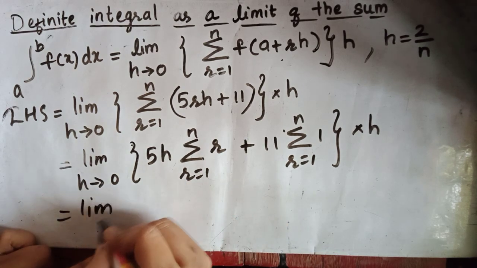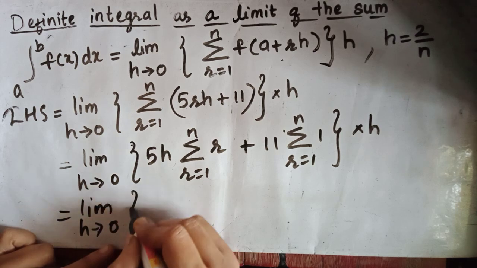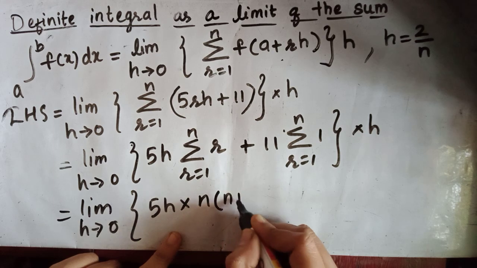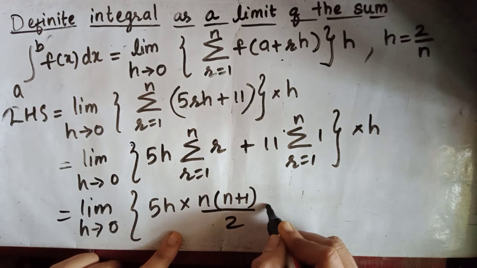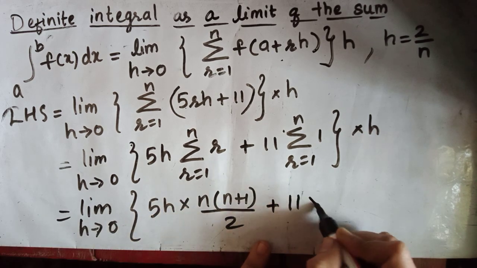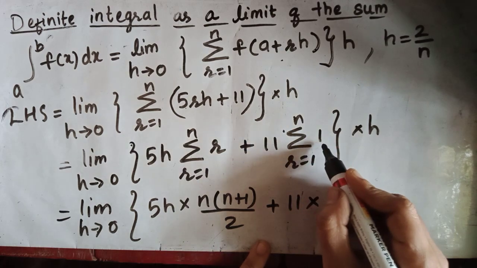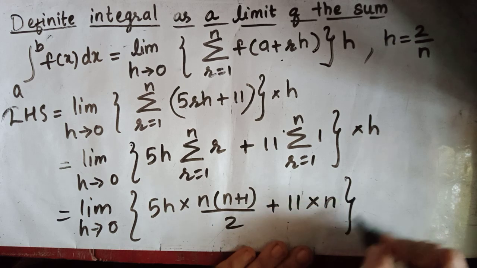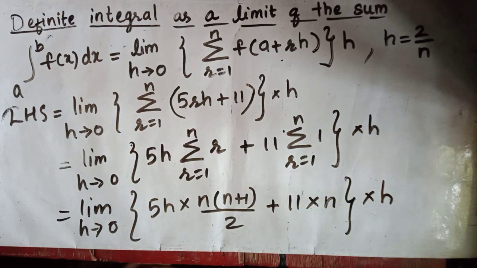So you can write here directly limit as h tending to 0 of 5h into n into n plus 1 by 2, plus 11 into, now summation of 1, we are adding 1 n times, so this will be n, into h.